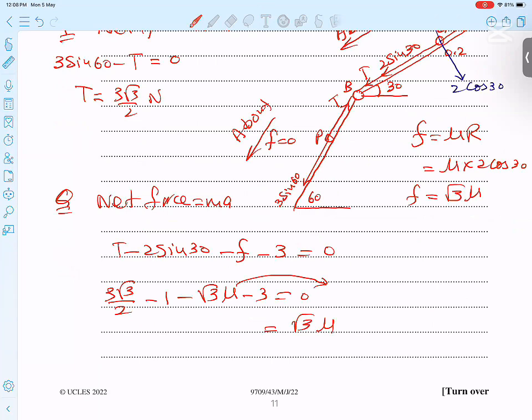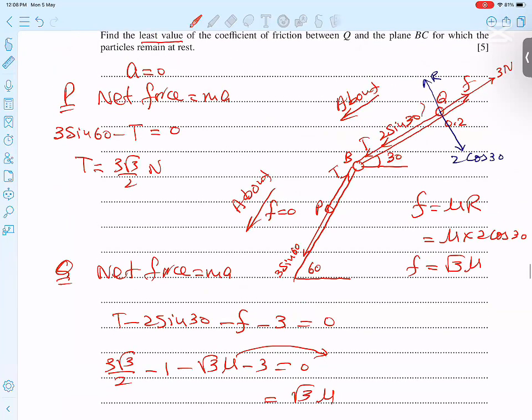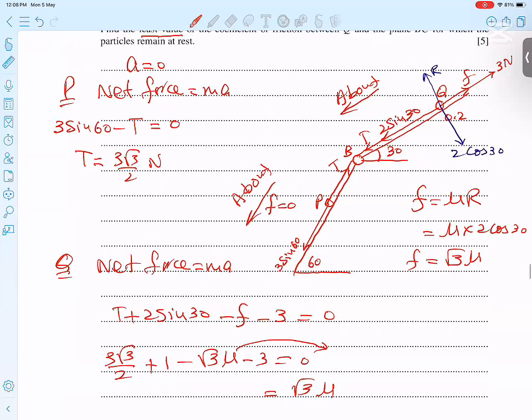Okay, so once again I check it. Mu R, and sorry, this is adding. This is not subtracting. This is adding. Now okay.